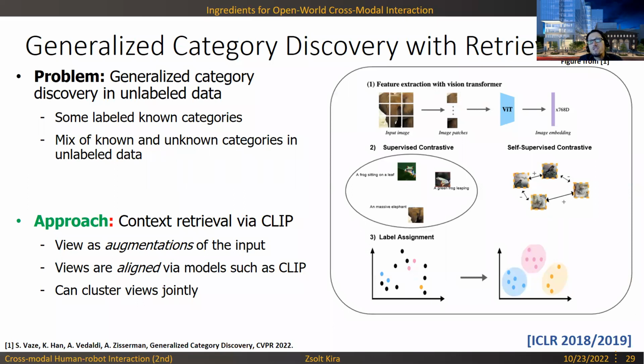We can, again, leverage CLIP to essentially retrieve information from these unlabeled images and try to discover categories much better. The reason we can do this is that we have images encoded in a joint feature space combined with textual information that we can retrieve, again, encoded in a similar feature space, because that's what CLIP allows us to do, align these feature spaces.